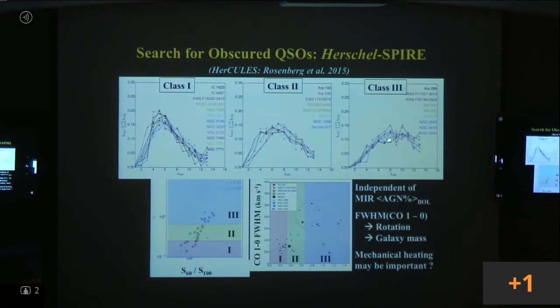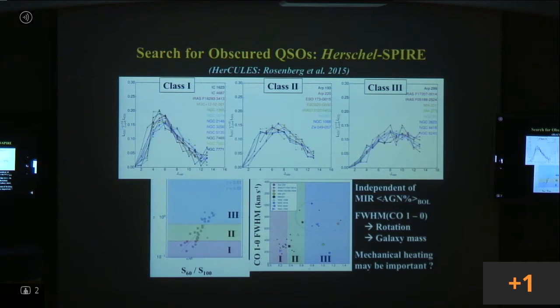Mark 231 falls in this category where the CO ladder doesn't fall much at higher transition. But unfortunately, this classification, or the ratio of the intensity of the lines versus the peak, does not depend on the AGN fraction that we determine from the mid-infrared. So scratch that idea, unfortunately.